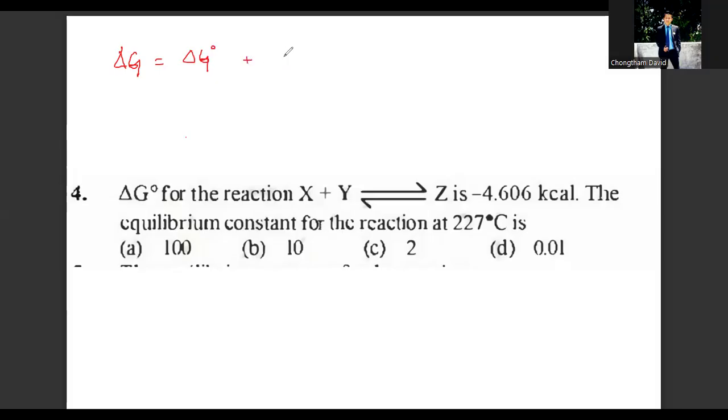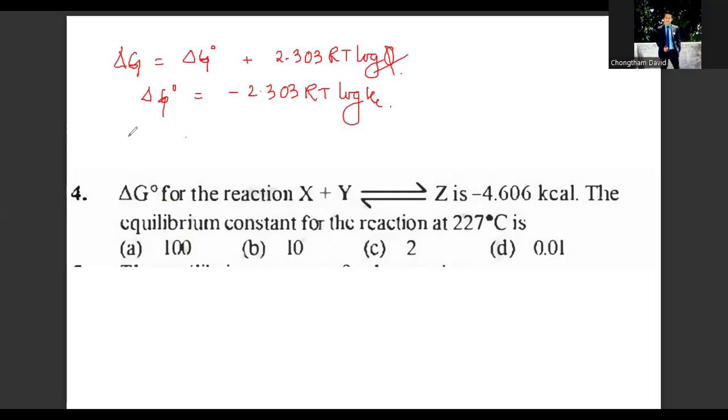We know that the relation is delta G equals delta G naught plus 2.303 RT log reaction quotient. When equilibrium is attained, Q becomes Kc and delta G becomes 0. So the new relation between delta G naught and the equilibrium constant would be delta G naught equals minus 2.303 RT log Kc. I hope it's clear.